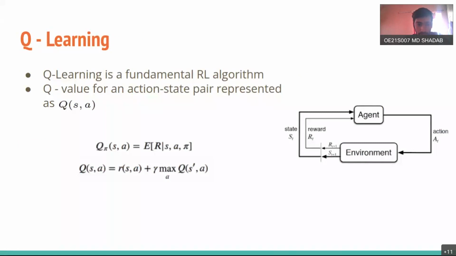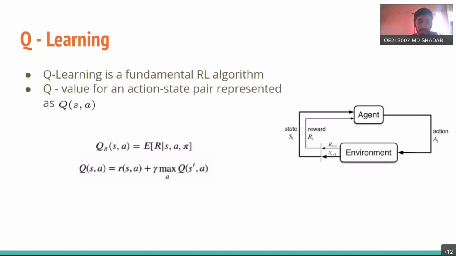In the equation there is a term pi, which is called the policy. The first equation tells us about the expected reward that we will get after taking action A at state S and following a policy pi.